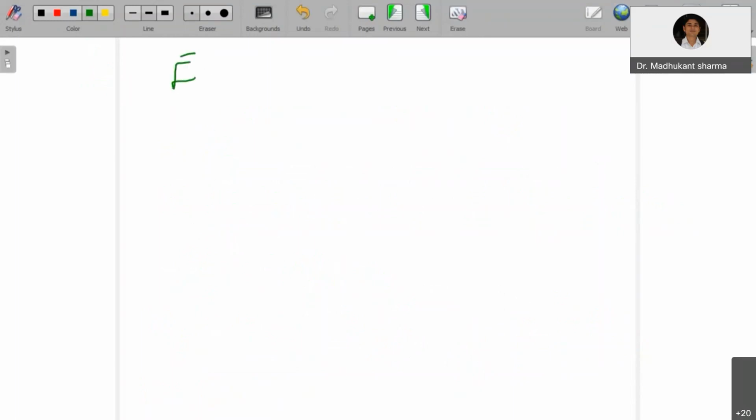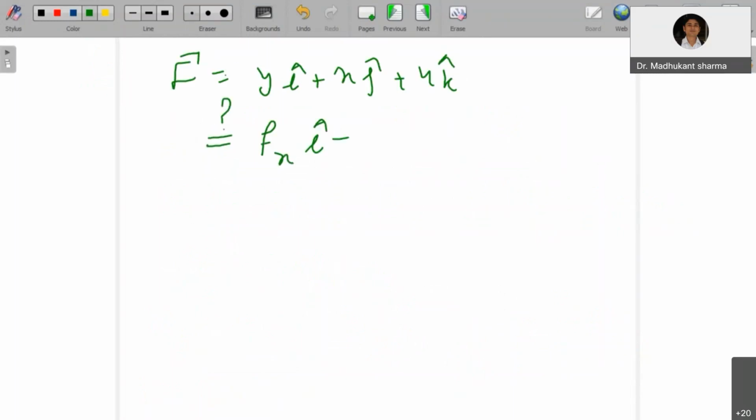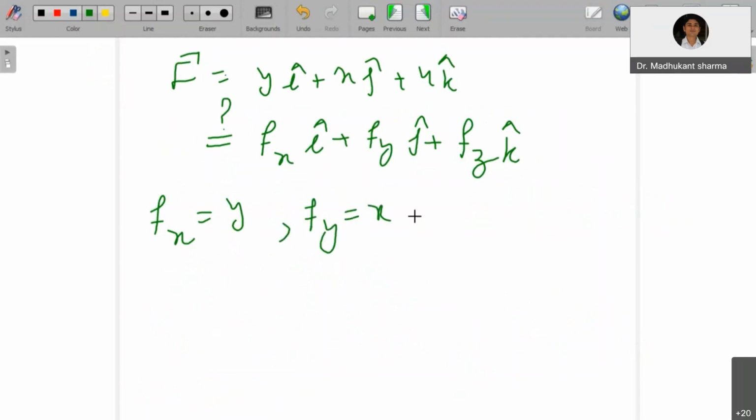Okay, so F equals yi plus xj plus 4k. We are supposed to identify an f such that F equals fx i plus fy j plus fz k. Now, this implies fx must be equal to y, fy must be equal to x, and fz equals 4.